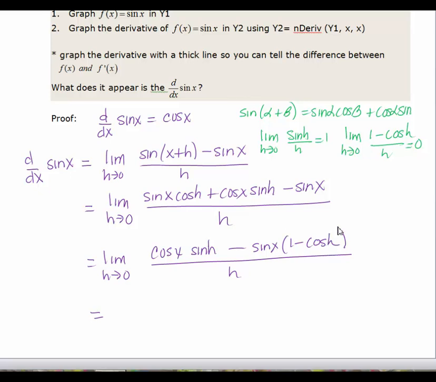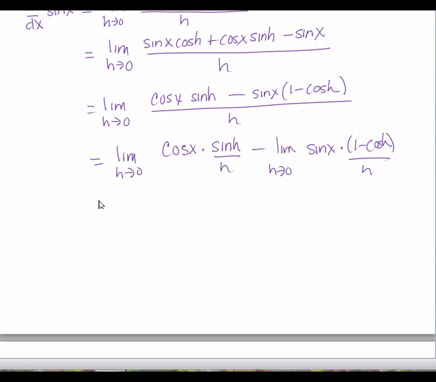So now I'm going to write these as two separate fractions. There's a monomial in the denominator. I'm allowed to do that. Alright, so now you can see I wrote them into two fractions, so I've got this first piece right here is the first term, and then this sine x times 1 minus cosine h over h right here.